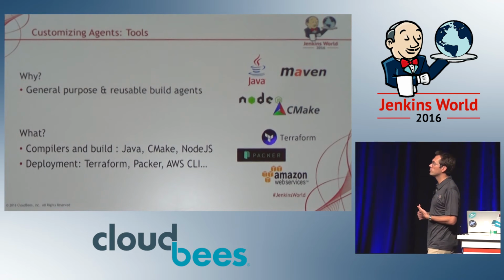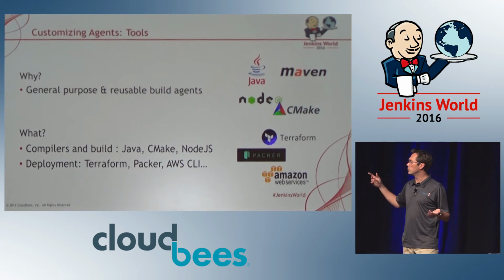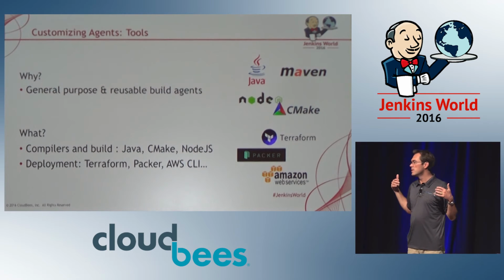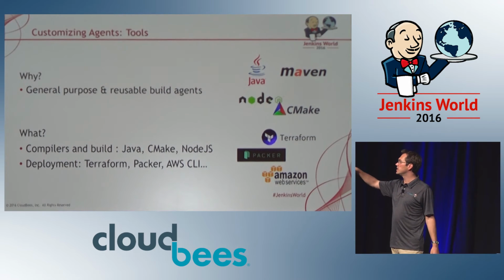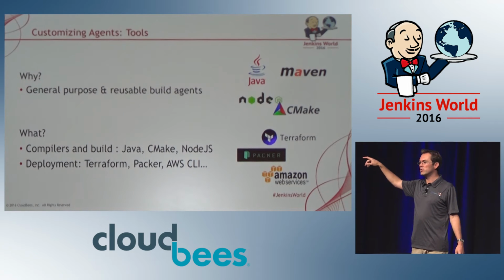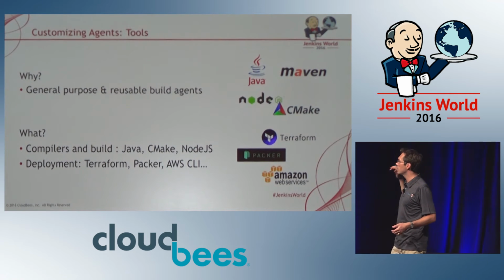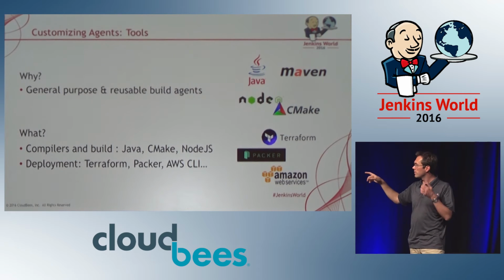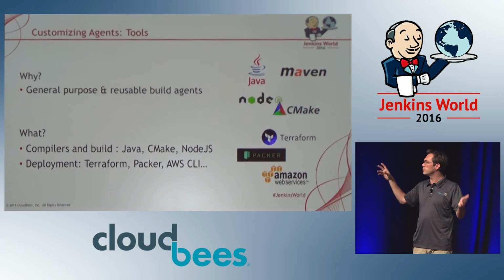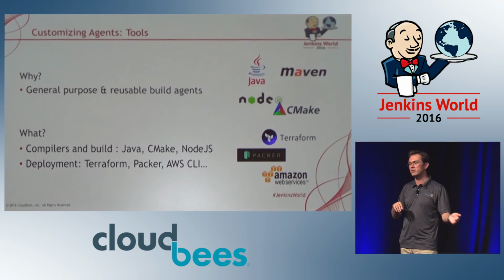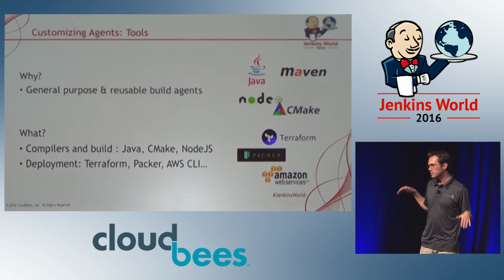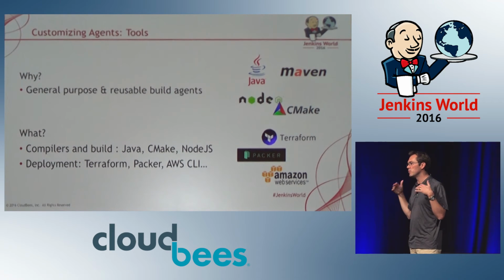First thing that we want to customize on the build agent is the tools. Why? These tools can be a JDK, a given version of Maven, but two different teams will use different versions of Maven. They want Node.js, they want some tools to deploy, like Terraform, Packer, the AWS CLI. Every application team will need different tools.